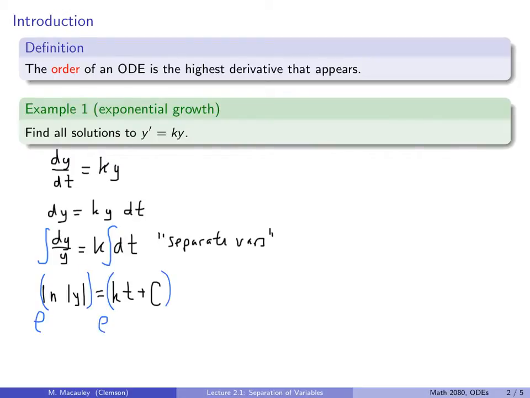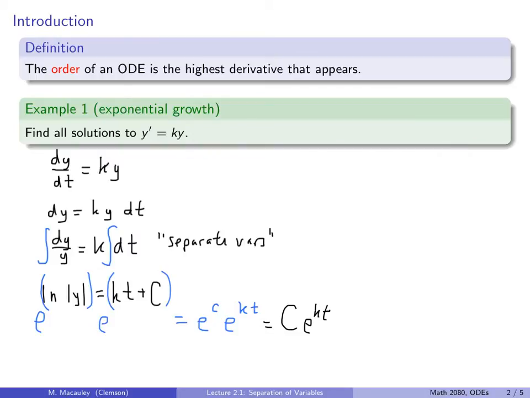And now, using the rules of exponents, let's write this as e to the c times e to the kt. Now let's look at what we have. c is some arbitrary constant, right? So e to the c is some other arbitrary constant. I'm going to abuse notation and write this as c e to the kt.